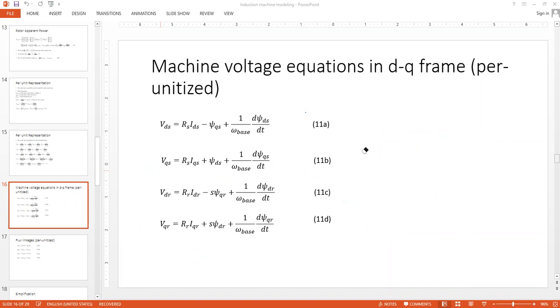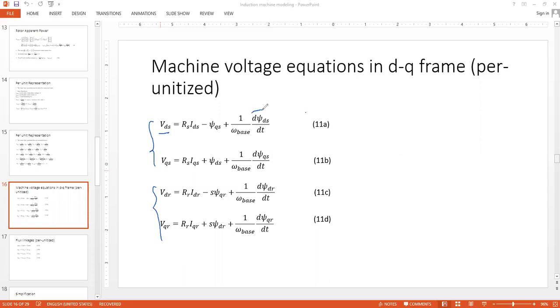Okay, so what you will get now: your RS, IDS. All these, you see V capital, R capital, I capital, Psi capital, are now in per unit form. So you actually get four expressions, two for the stator voltage and two for the rotor voltage. Now, while we did this, we can clearly see that we have some form of state variable representation slowly growing up.